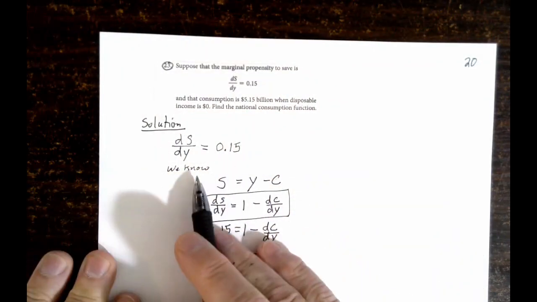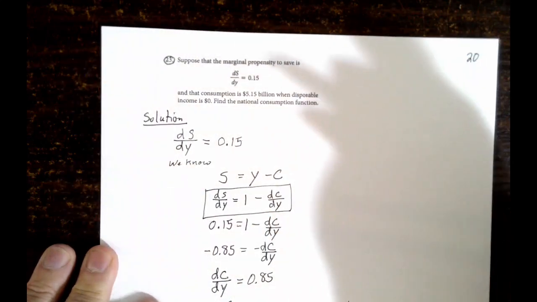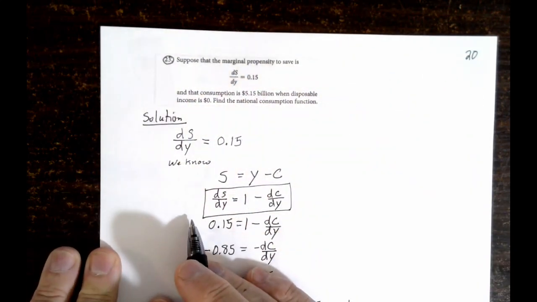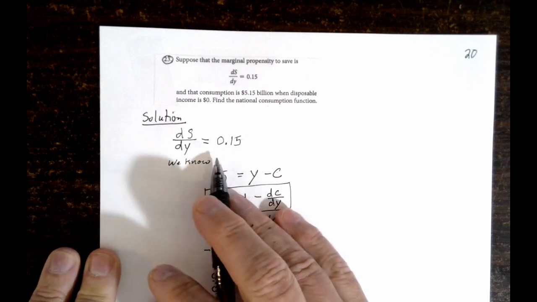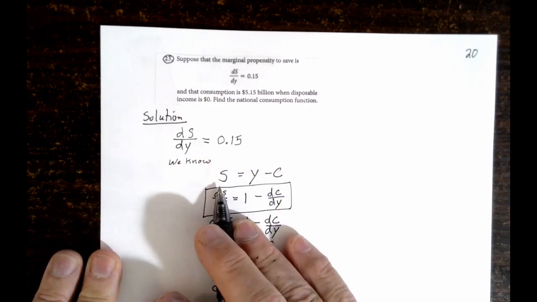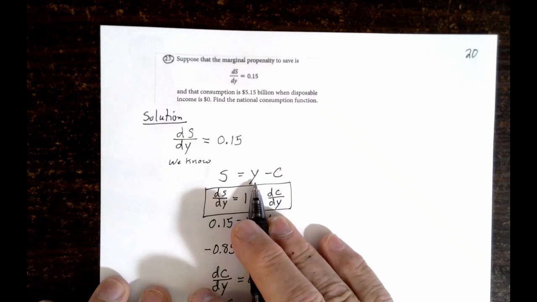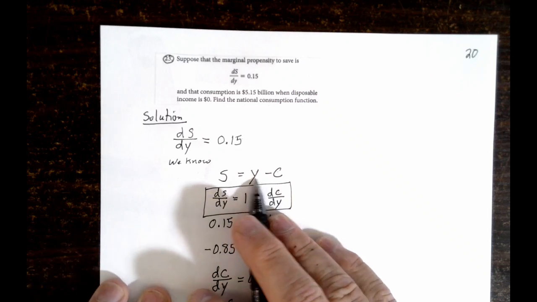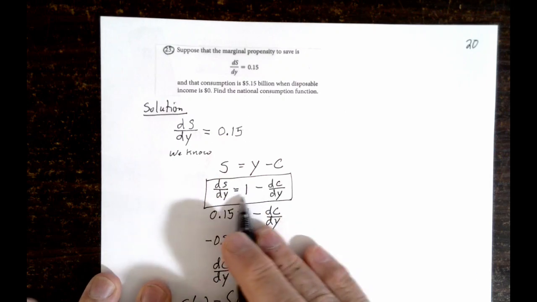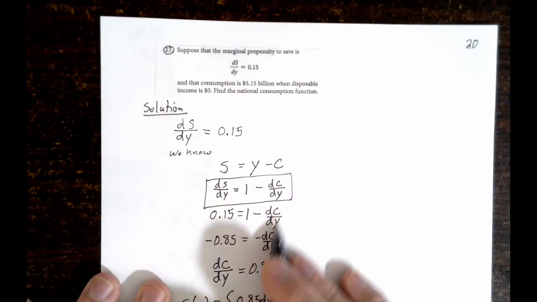23, this one's a little different. 23 and 25 are talking about saving function. The marginal propensity to save is 0.15. Now we know that the saving equals y minus c, and so when you integrate each one, you get s prime, you get 1, and you get c prime.